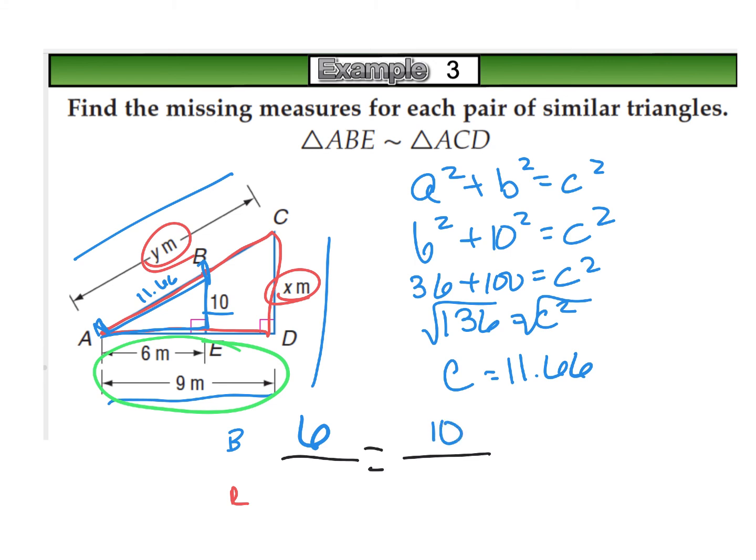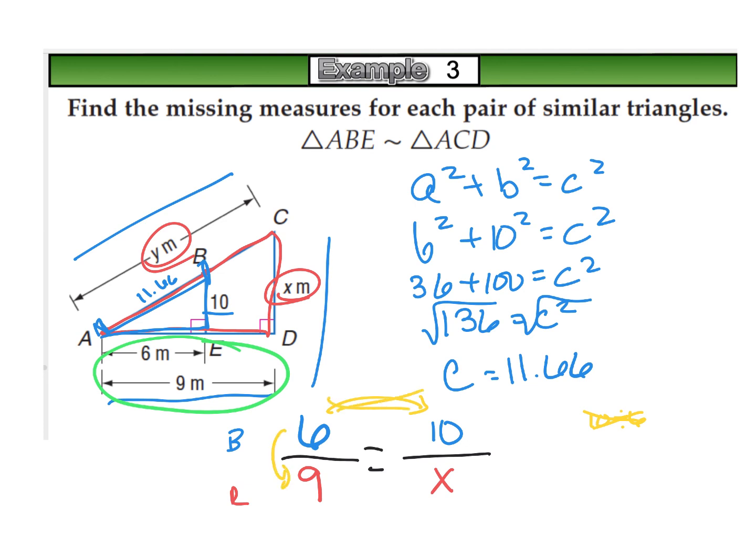So on the red triangle, I know that this is 9, but I don't know what this is. That's X. So again, which way am I going to look at? Let's try that. Let's do 10 divided by 6. See what we get. That is an ugly decimal. Don't want to use it. Not going to go that way. How about going this way?